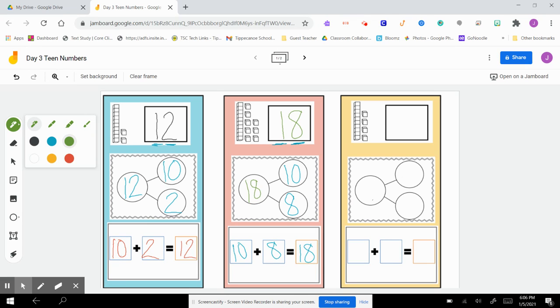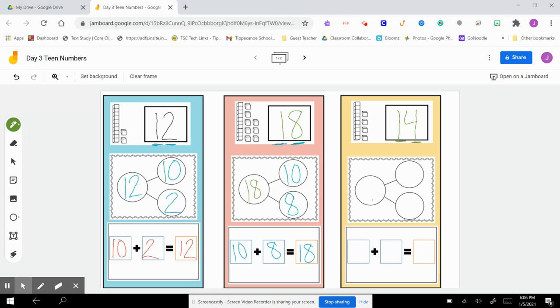Let's go over here and do the yellow box. We're going to count one group of 10. And then how many ones do I have? 4. I don't even really need to count, but you can if you need to. I just noticed that I had one group of 10, so I put my 1 in my tens digit, and then I put my 4 ones in my ones digit. So I see that I have 14.